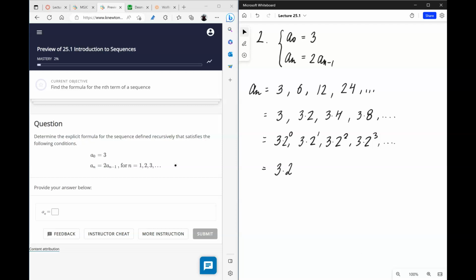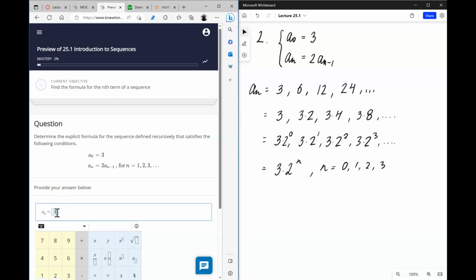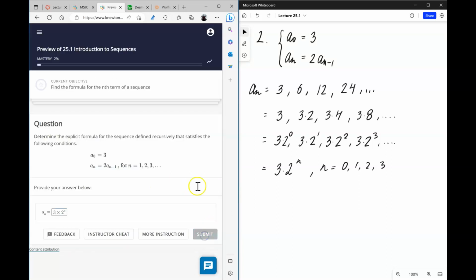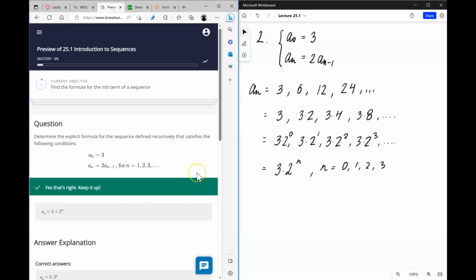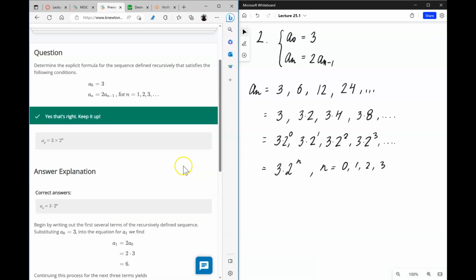So we have 2 to the power n, and we allow n to be 0, 1, 2, 3, and so on. So that seems to be the working formula. And let's see. Newton agrees with us.